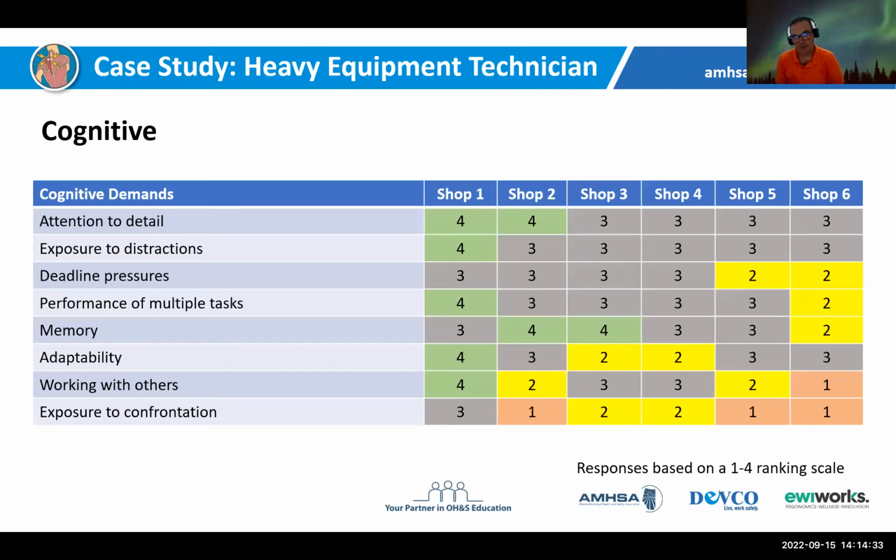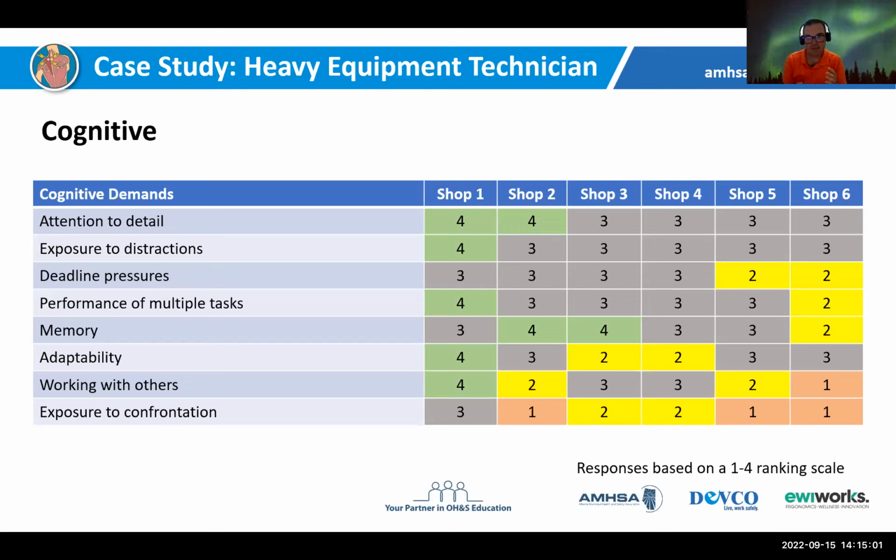So same story when we look at the cognitive. This scale that you're looking at here, each of these responses are based on a 1 to 4 ranking scale. And again, we can see each of the 6 shops that we looked at, there's differences in the ranking scale on various exposures to cognitive demands, whether it's attention to detail, distractions, time pressures, multitasking.